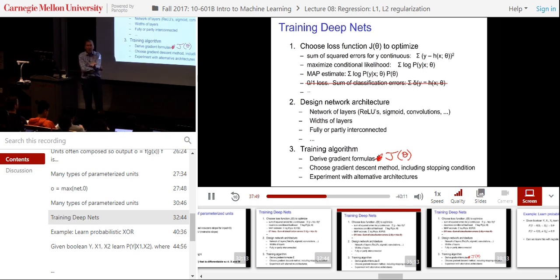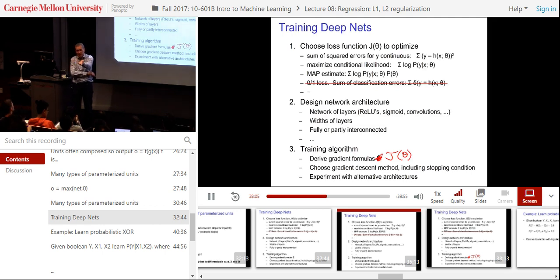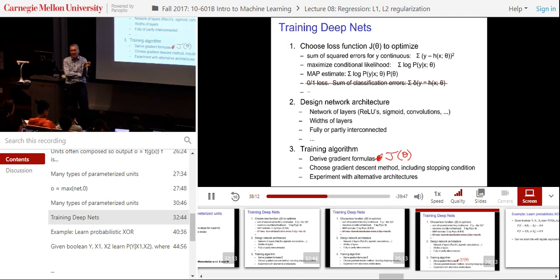And as we've talked about before, there are gradient descent methods that, for example, use all of the training examples to calculate the gradient and then take a step. And then there's a variation called stochastic gradient descent, that, for example, just computes the gradient with respect to each individual example and takes many more smaller steps.